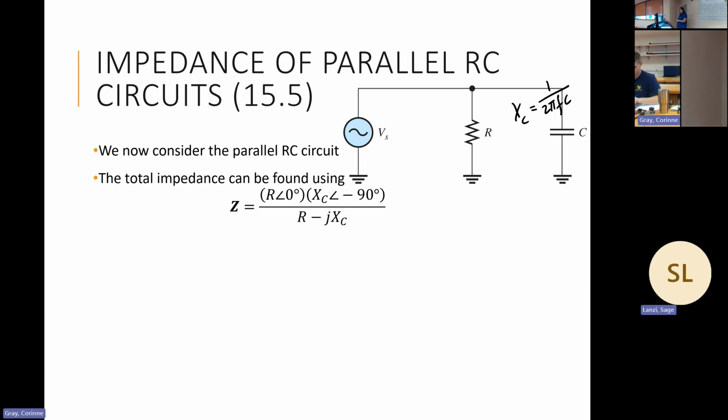It's going to be equal to the resistance value. So here the angle is given because the voltage is in phase with the source. And then we have XC at minus 90 degrees because it's going to be lagging that 90 degrees for the capacitor, divided by R minus JXC.